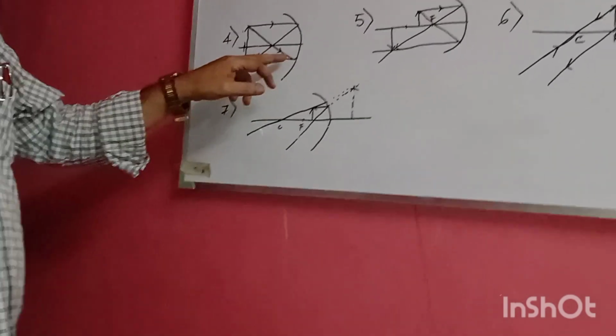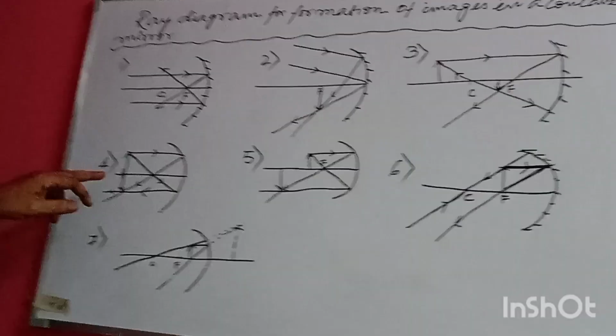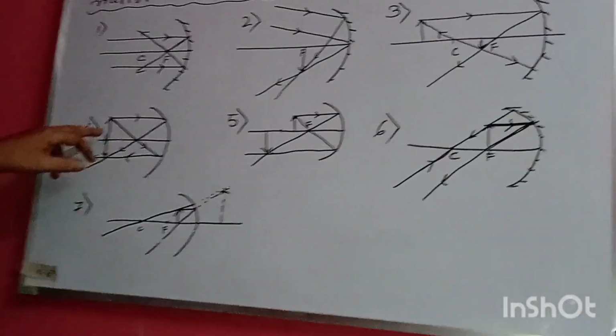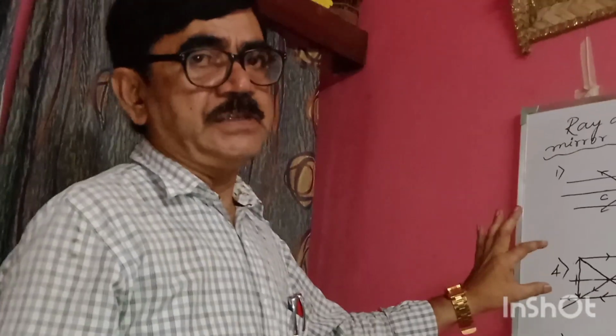After reflection, it will pass parallel to the principal axis. So at the intersecting point where the image is formed, the image is inverted and of the same size as the object.